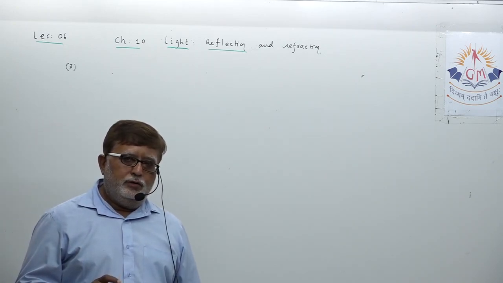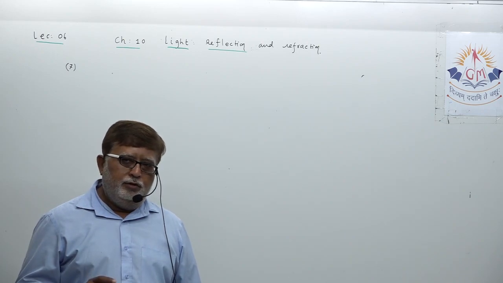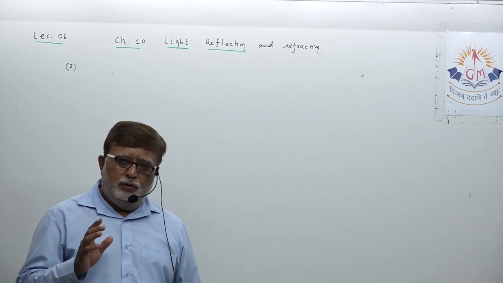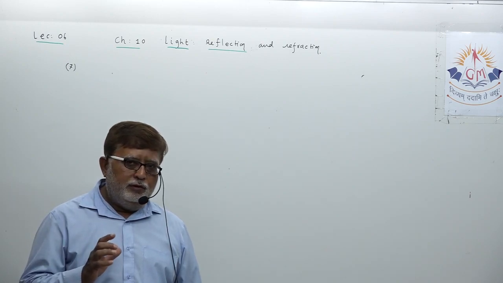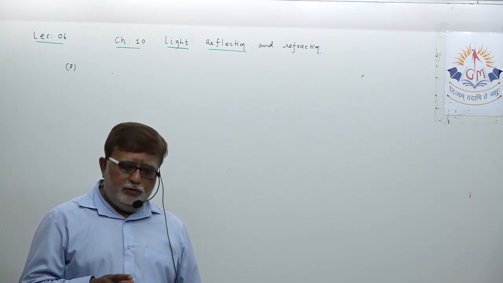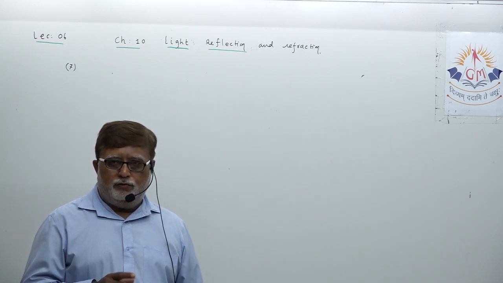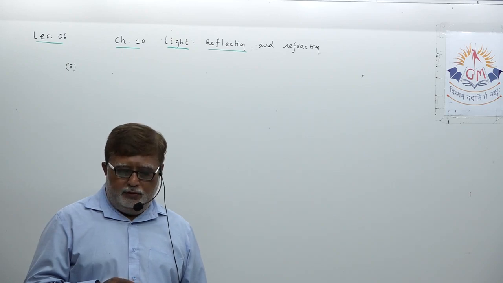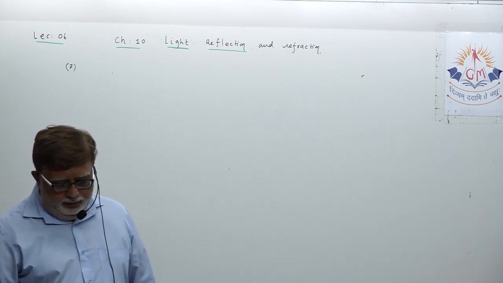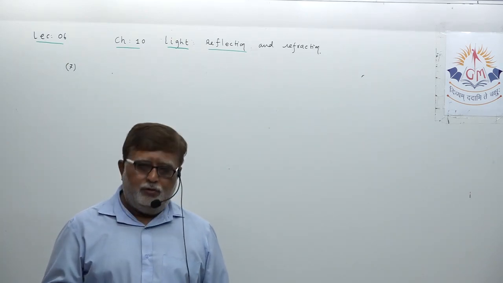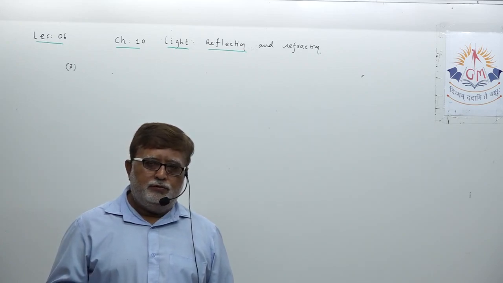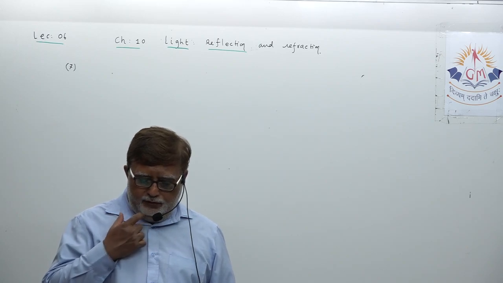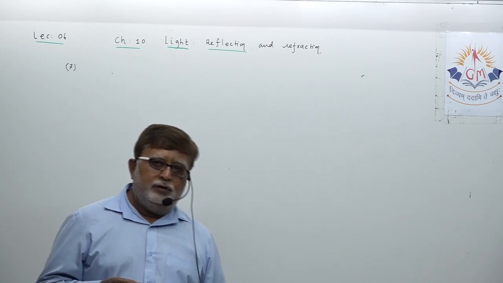Whenever we start solving any numerical, we always first try to assess the given data. What is given? An object of size 5 centimeter is placed at a distance of 20 centimeter in front of a convex mirror of radius of curvature 30 centimeter.